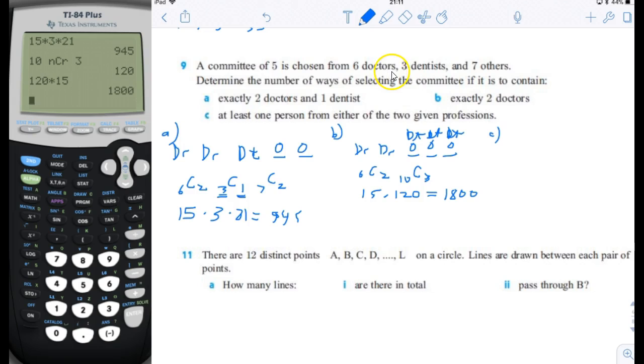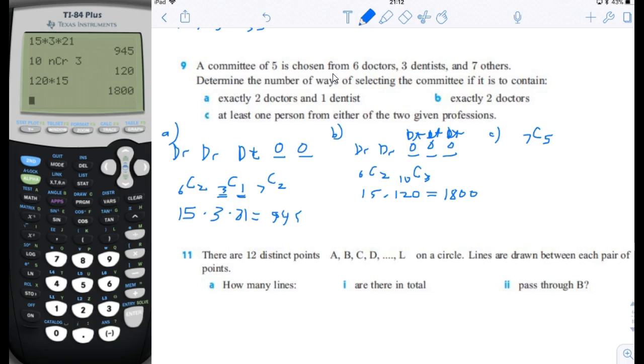So no doctors and no dentists means that we basically did not choose anyone from these 6. We did not choose anyone from these 3, and we basically only chose a bunch of people from others. How many people? 7 people from others. So basically, how many ways are there to do that? There's 7 chooses 5.